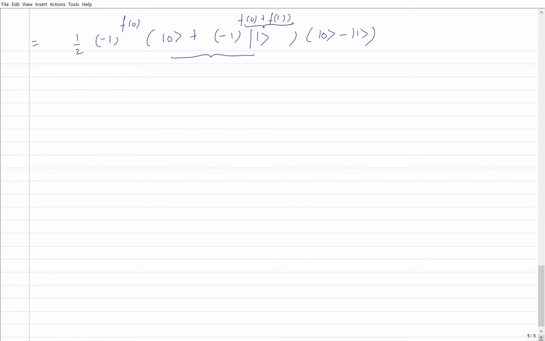So you see, the information about the function shows up as a relative phase on this qubit.